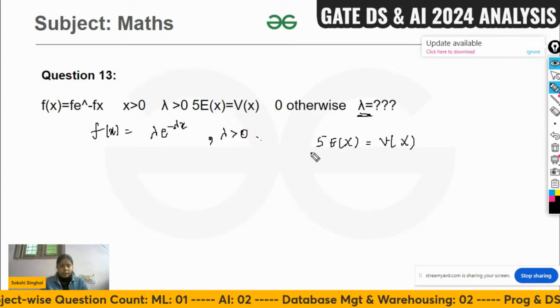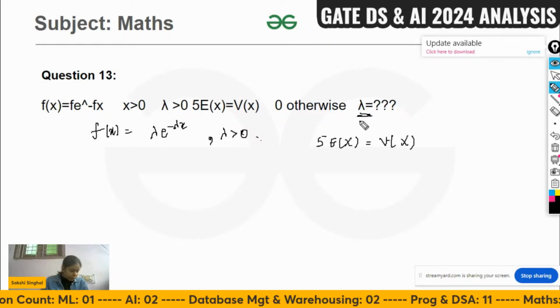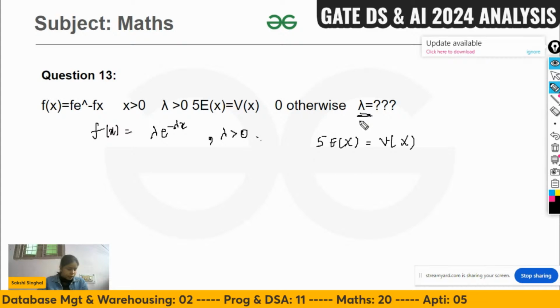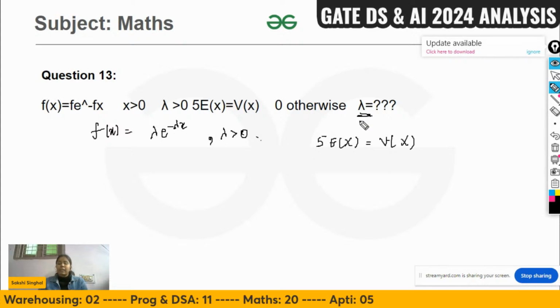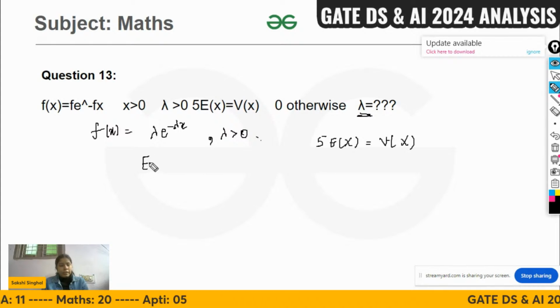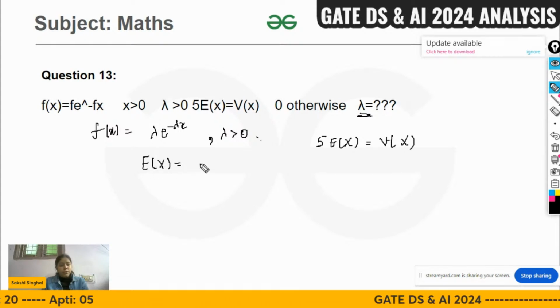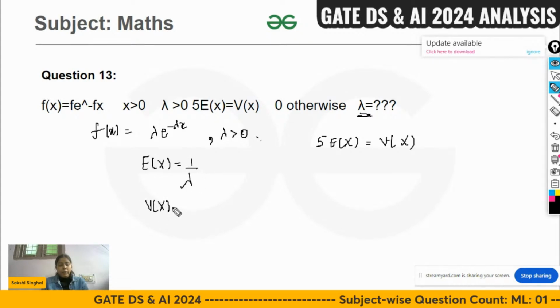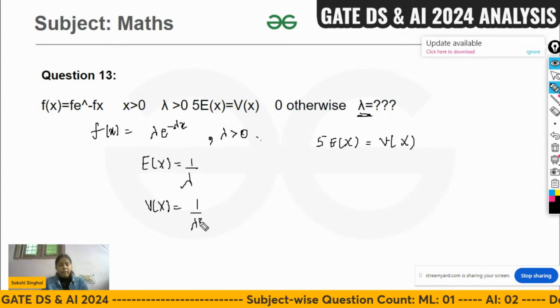Lambda is given, so I have to find the value of lambda. Abid is telling me the expectation and variance for the exponential distribution. Expectation of x for the exponential distribution is 1 by lambda, and variance of x is 1 by lambda square.